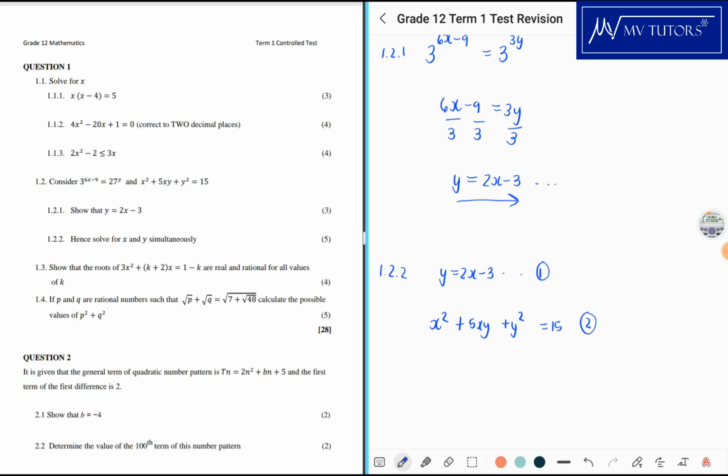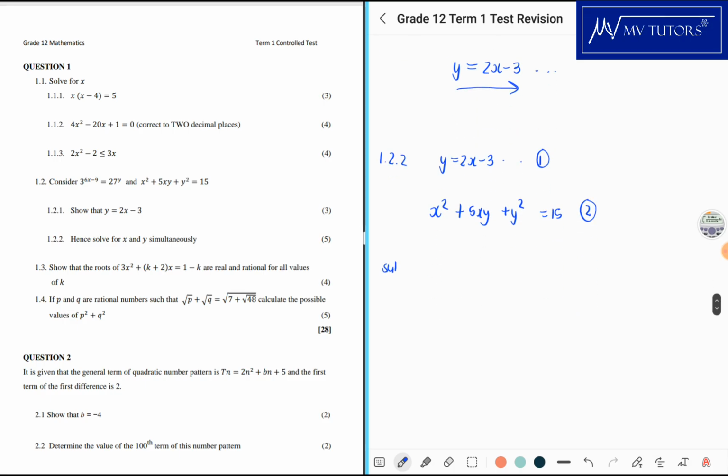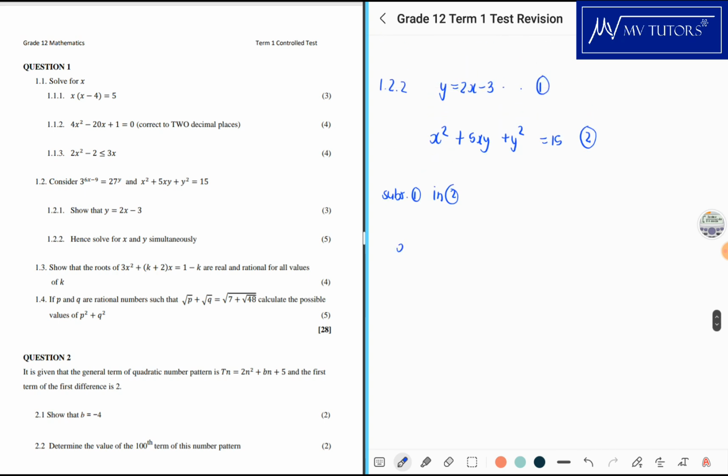So how about I substitute my first equation into my second equation, and let's see where that takes us. So we can then say x squared plus 5x multiplied by 2x minus 3 plus y squared. What am I doing? I already substituted the y, which is 2x minus 3, plus y squared, which is plus 2x minus 3 squared, and that's equal to 15.